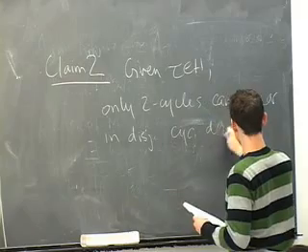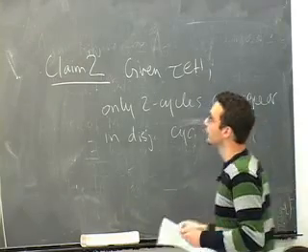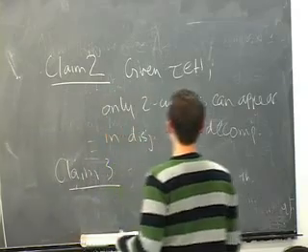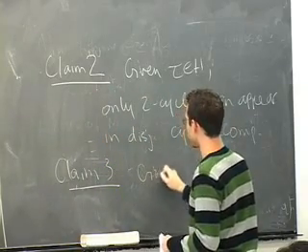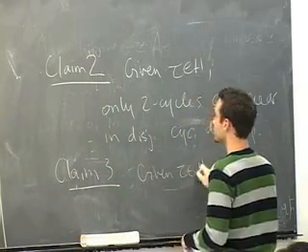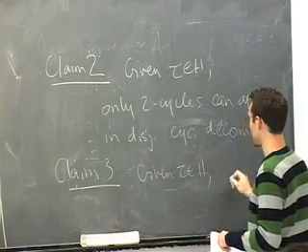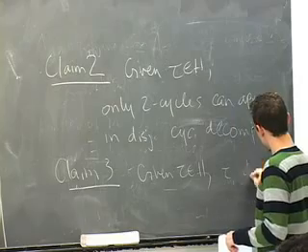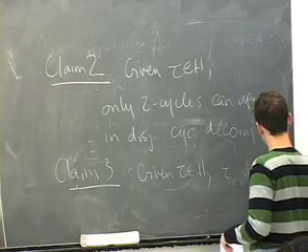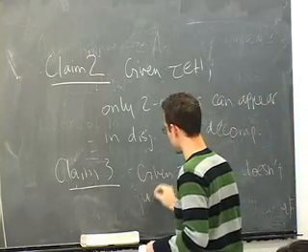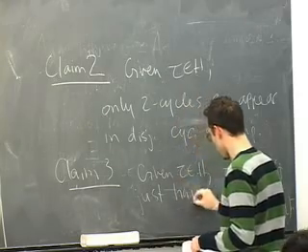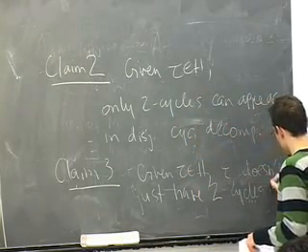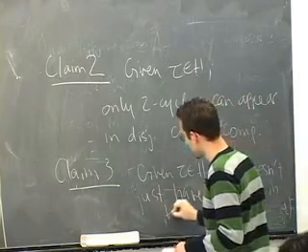And then claim 3 is the opposite: given tau in H, tau doesn't just have 2-cycles in its decomposition.